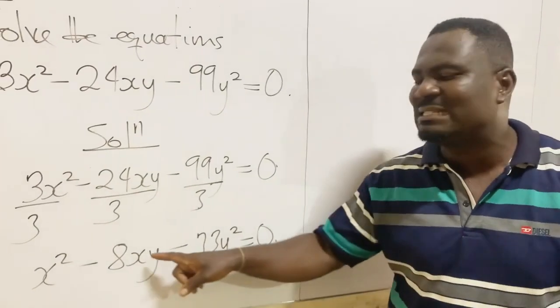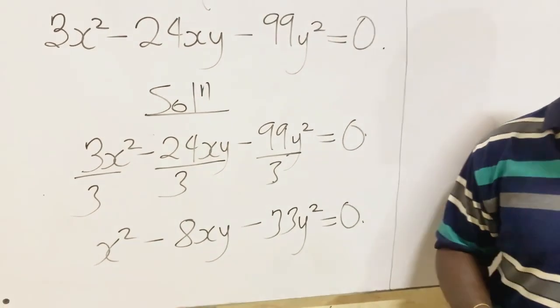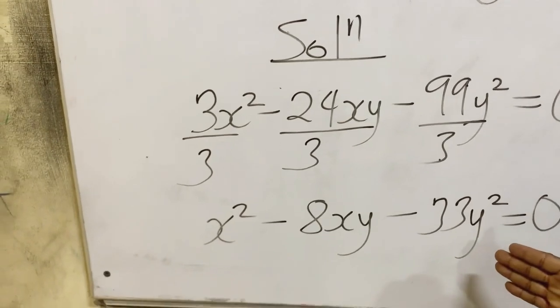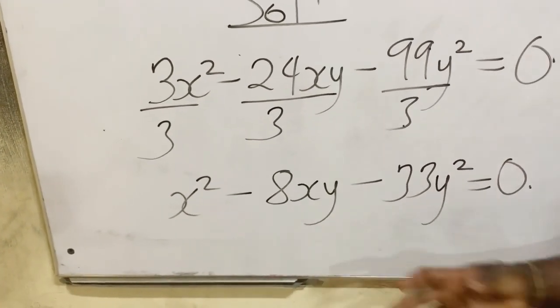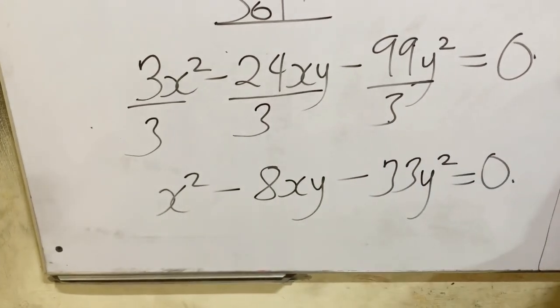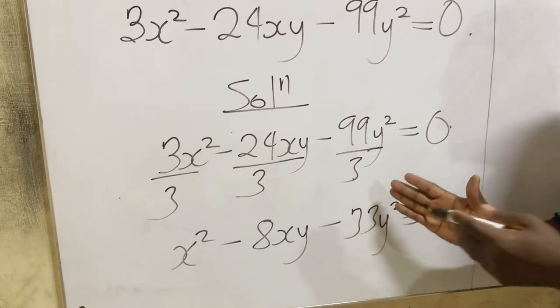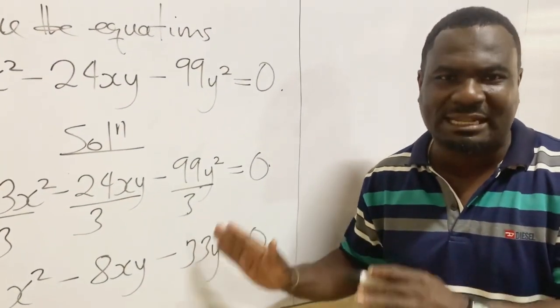I said with this type of quadratic equation, you can go by the traditional method, where you multiply the first term by the last term, then you find the factors of the product you've gotten, then you find 2 numbers. That is the traditional method. But I said earlier on that I'm using a calculator in solving quadratic equations.